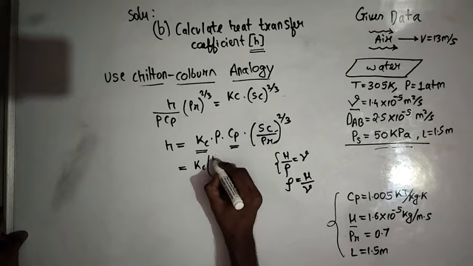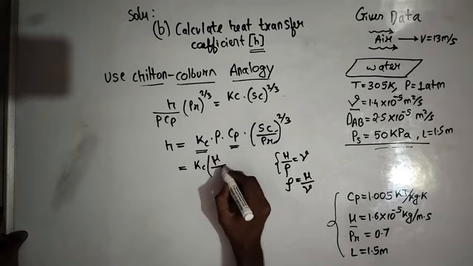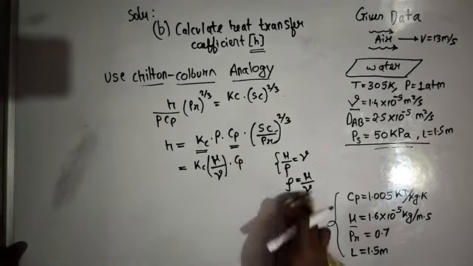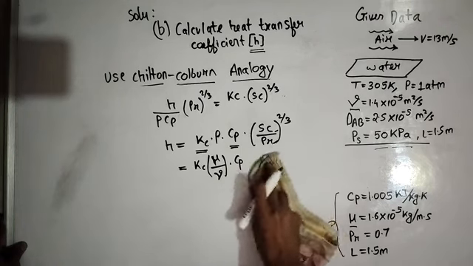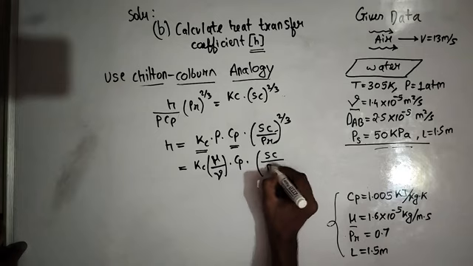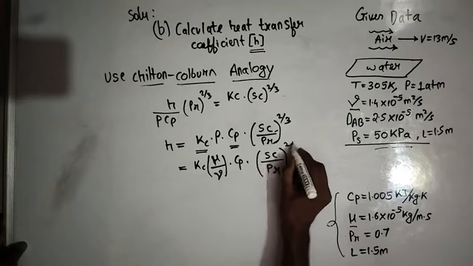So we will substitute this here: mu upon kinematic viscosity into Cp into Schmidt number upon Prandtl number to the power 2 by 3.